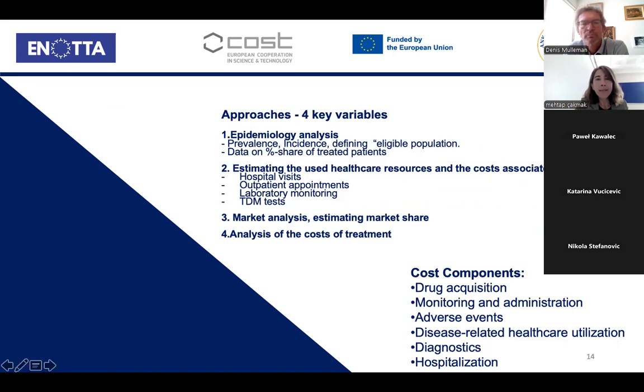There are different approaches in this analysis. The first one is epidemiology analysis. We should start with prevalence or incidence, defining the population, like PICO questions. What's our population? And we should have real-time data on the share of the treated patients.